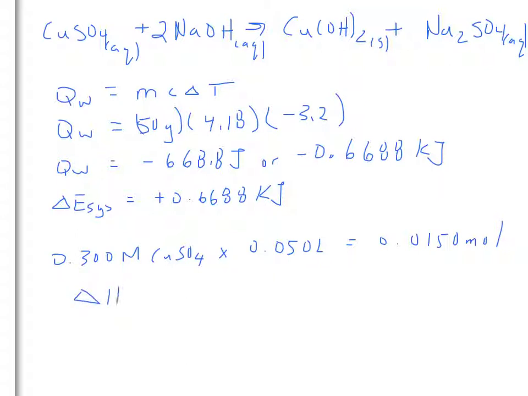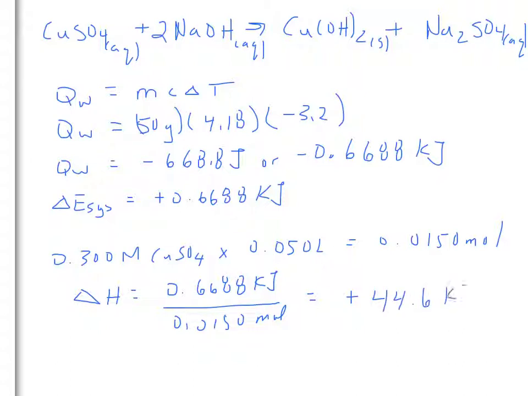So to complete the question and find the delta H, I'm going to take my energy change of the system and divide it by the moles of my limiting reactant, and that gives me my enthalpy change in kilojoules per mole of copper sulfate.